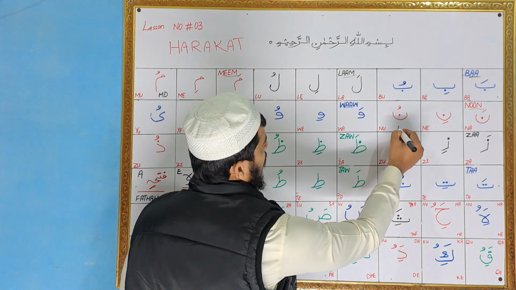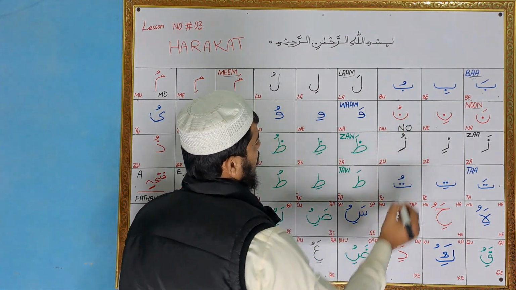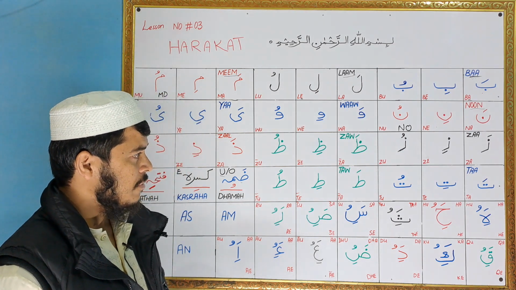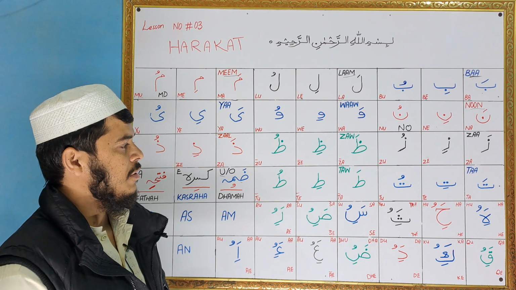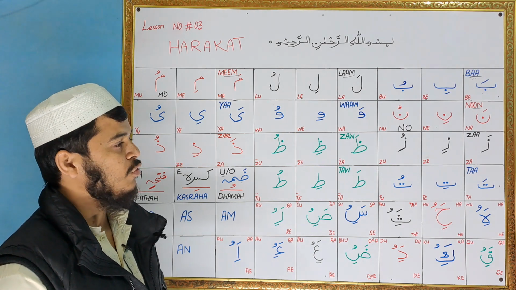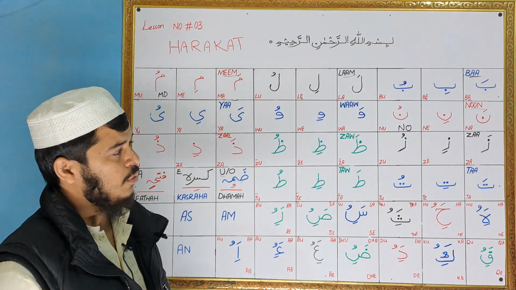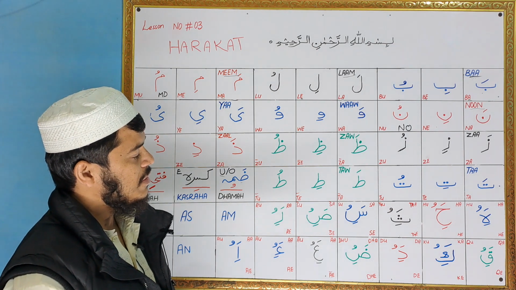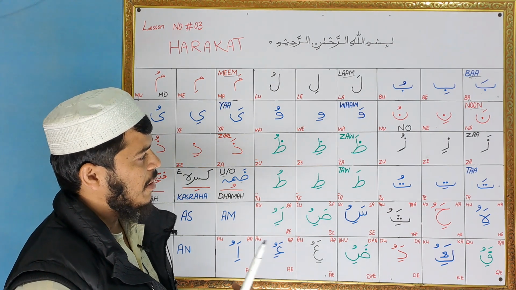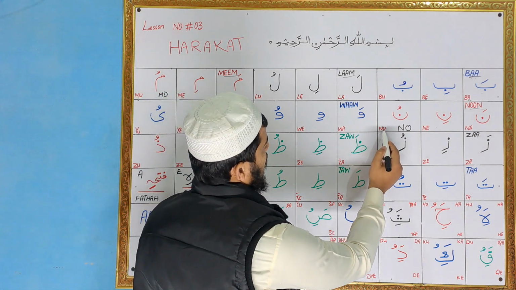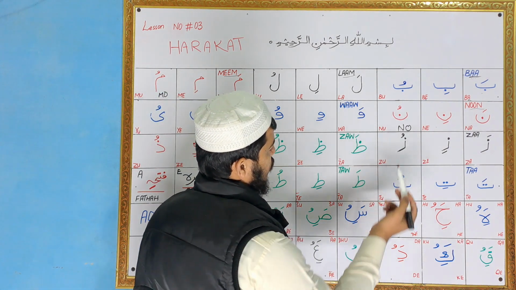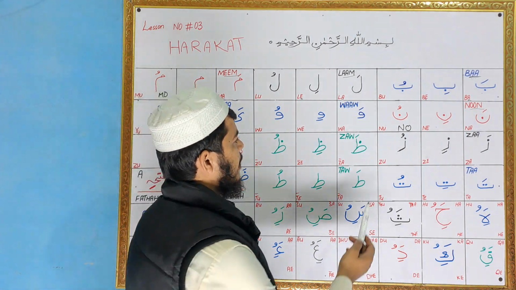And if I write this letter with the o sound, you might call it no, but you have to remember what the dhamma sound gives, so that's why I think the u sound is closer to it.